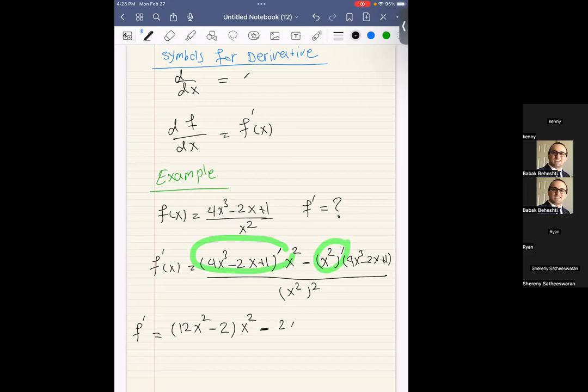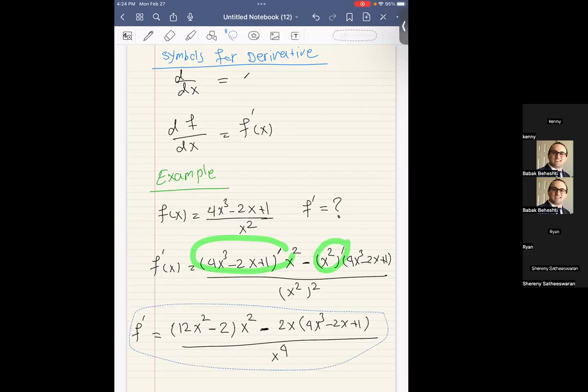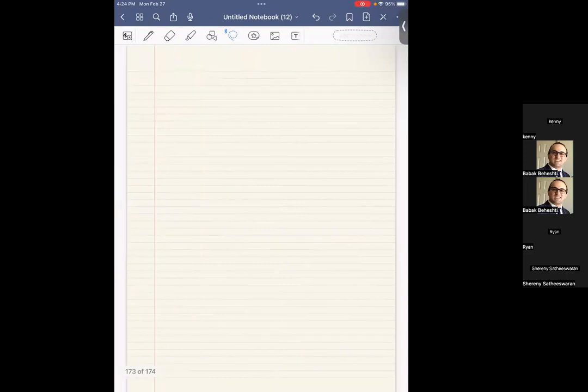So it's 2x times (4x cubed minus 2x plus 1), divided by x squared squared, which is x to the power 4. Right? Now you just have to do the math. It's just some manipulation, multiplication and simplification.